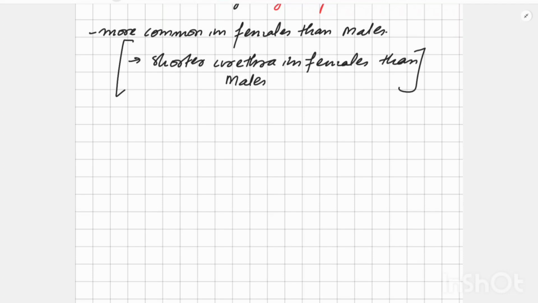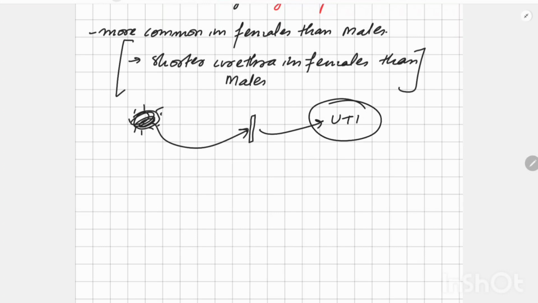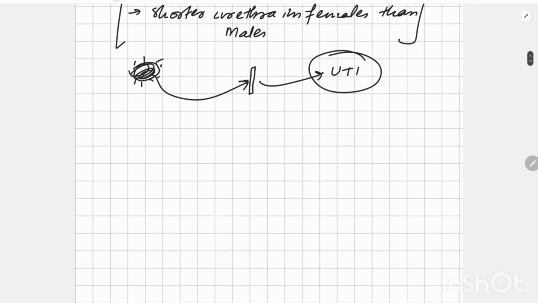Sir, why is it significant? It is significant because suppose this is the bacteria, it gains entry into the shorter urethra in a very short span of time, so that it causes UTI. I hope you understand that.